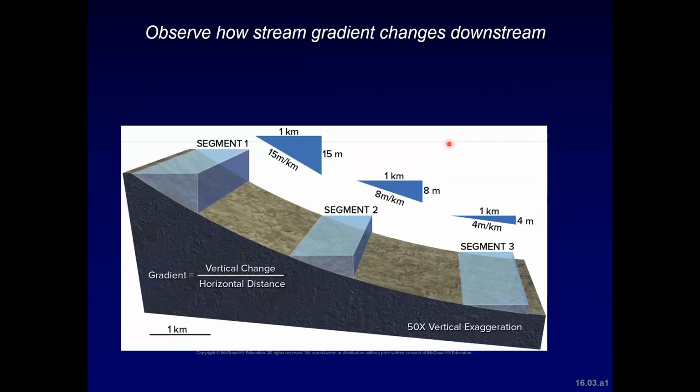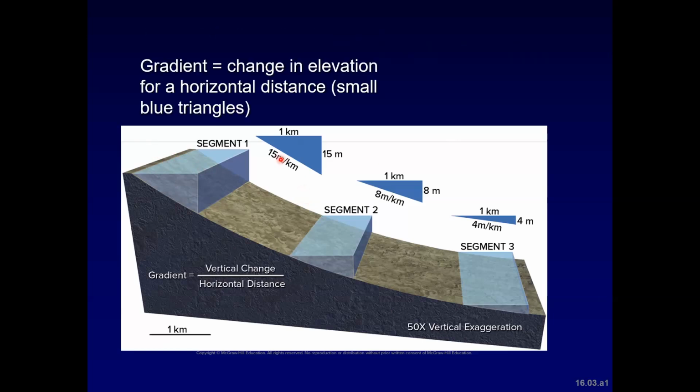Okay, let's think about stream gradient. This is showing you a slope, and assume a stream is flowing down the slope. Our steepest gradient on this figure is 15 meters per kilometer. And gradient is our change in elevation for a horizontal distance, shown by these small blue triangles.